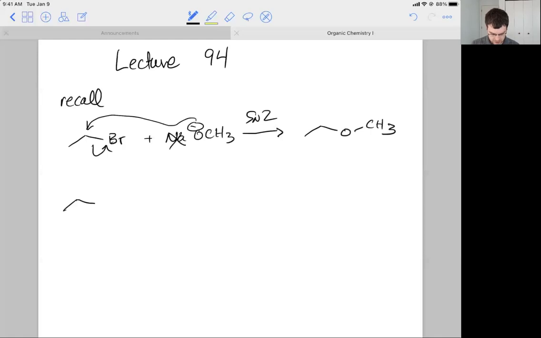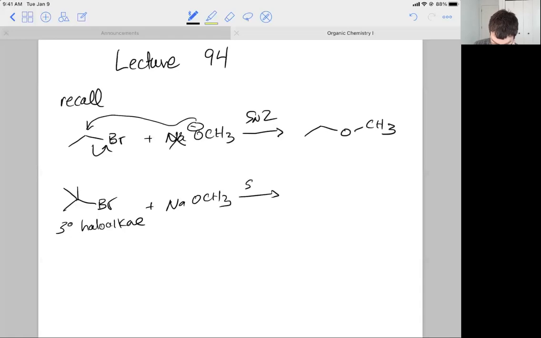Now, if we do the exact same thing, but we add two additional substituents, now we have a tertiary haloalkane. And if we react it with the exact same nucleophile, we try to do an SN2 reaction with the goal of producing this product, we would actually see that this reaction does not occur.